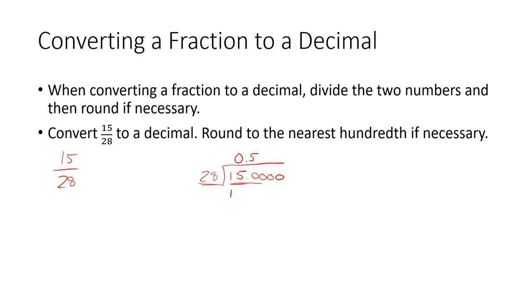5 times 28 will give us 140, and then we subtract. We bring down this next 0. 28 will go into 100 3 times. 3 times 28, 84. 28 times 3: 8 times 3 is 24. 3 times 2 is 6, plus 2 is 84.